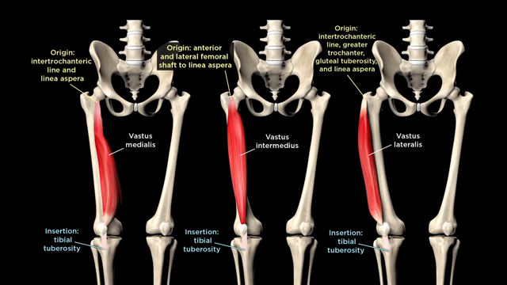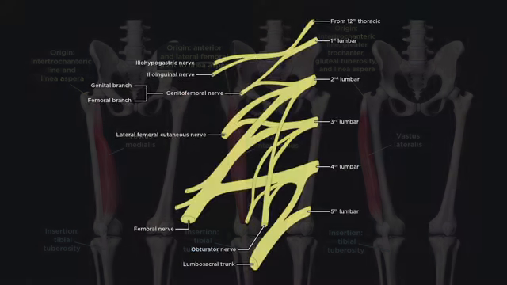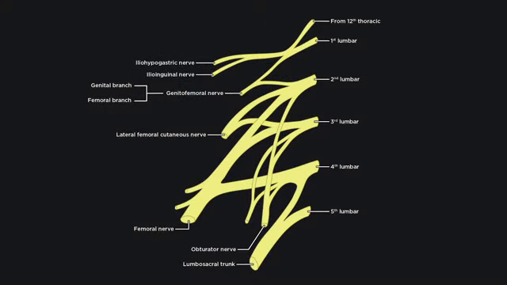Vastus intermedius takes origin all along the anterior and lateral proximal two-thirds of the femur, including as far posteriorly as the linea aspera. And then it joins the other three members of the quadriceps femoris group to cross the anterior knee and attach to the tibial tuberosity. All four muscles of the quadriceps group are innervated by the femoral nerve.